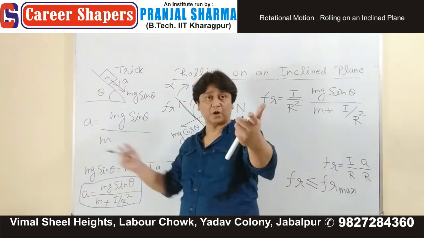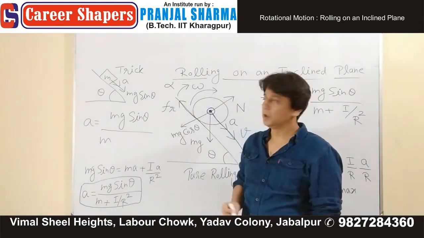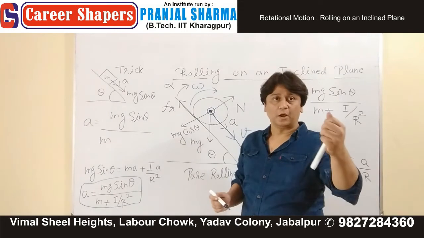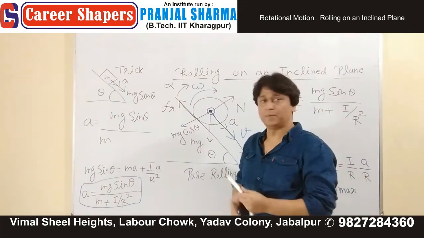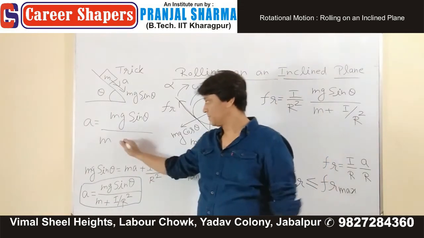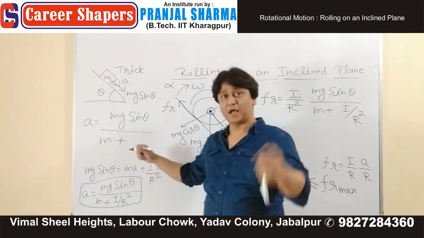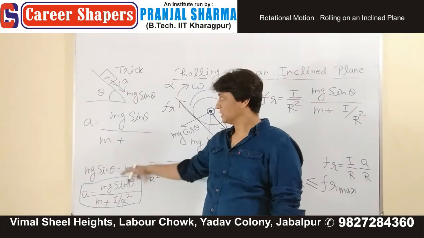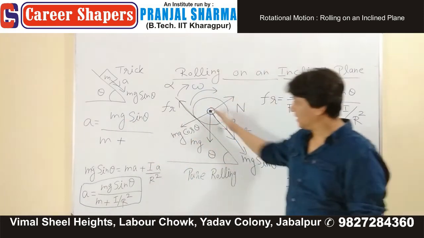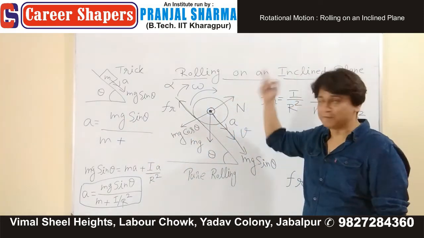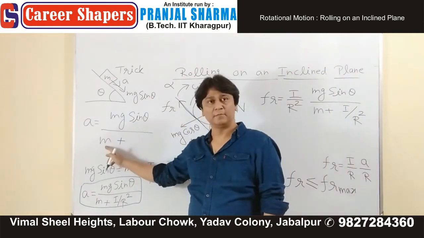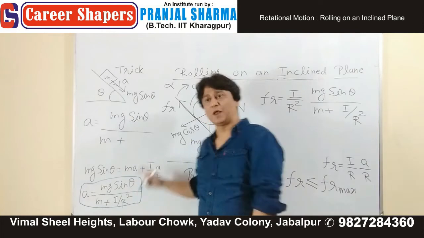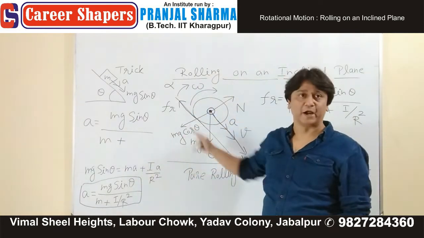ये अपना acceleration हुआ करता था laws of motion में. And in rolling, pulley type के जो questions थे वहां पर मैंने आपको as a trick क्या याद रखने को बोला? mg sin theta, as a trick remember, is producing acceleration in m and mass equivalent of the rotating body.